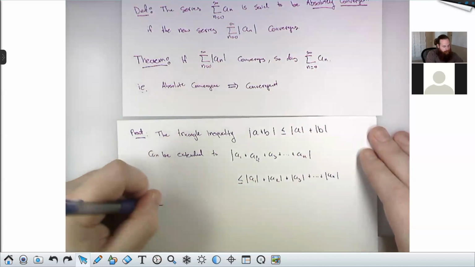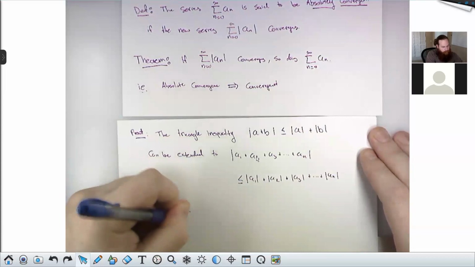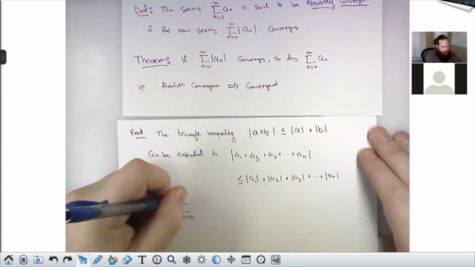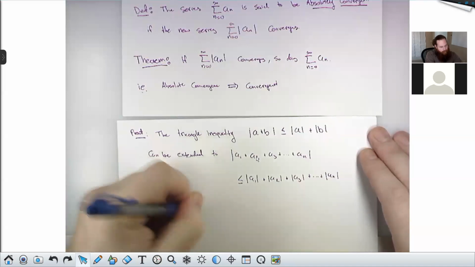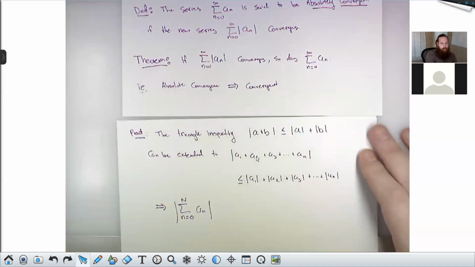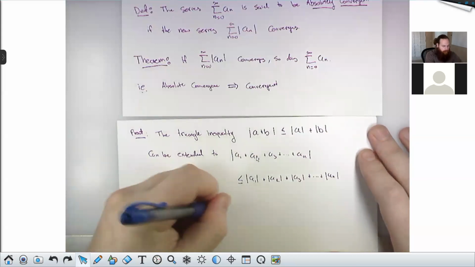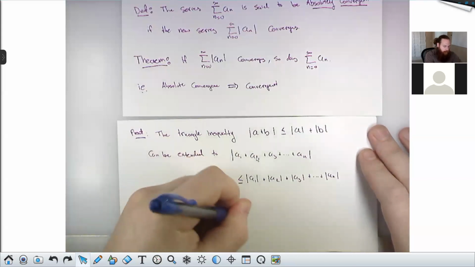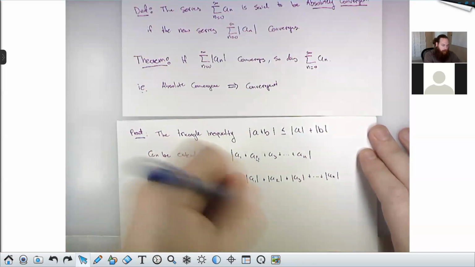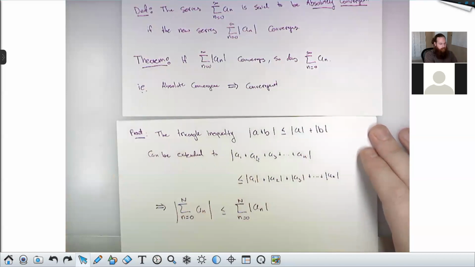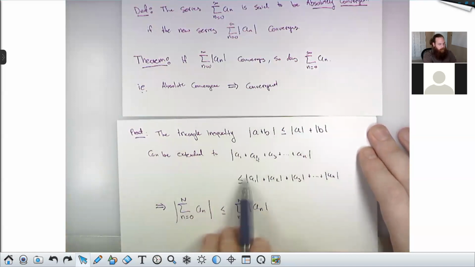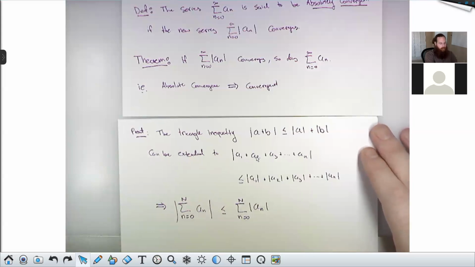So this means that sigma n from wherever to say capital N, if you take the whole thing in absolute values, that's less than or equal to sigma from wherever to capital N with the absolute values inside. This is this, this is this. And since this is smaller than this is smaller than this. All right, really saying the exact same thing, just here in sigma notation.